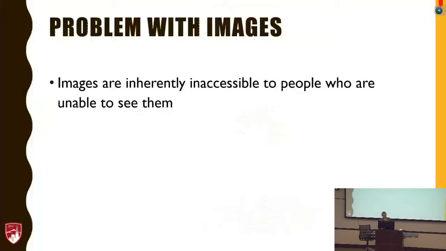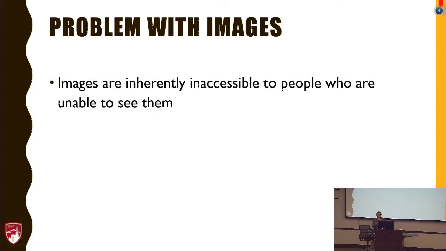So, problems with images. Images are inherently inaccessible to people who are unable to see them. Right? I saw one joke where it says, blind person ramp here or something. It's like no one's going to see that sign if you cannot see it, right?